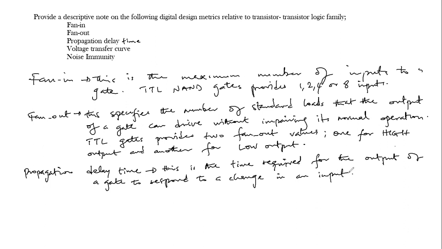So this draws a relationship between the input and the output. And then we know related to the TTL that the average propagation time is given as the average value.